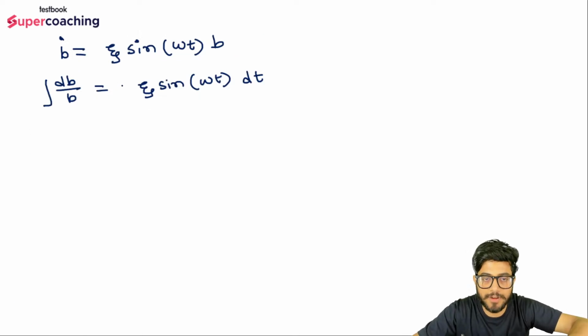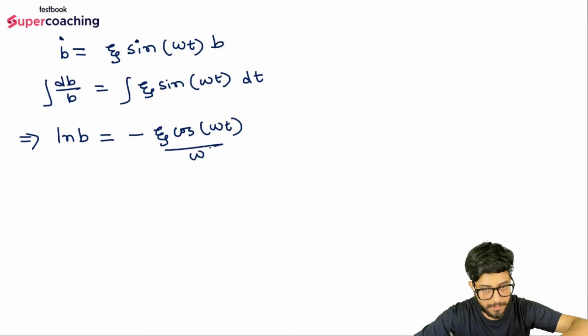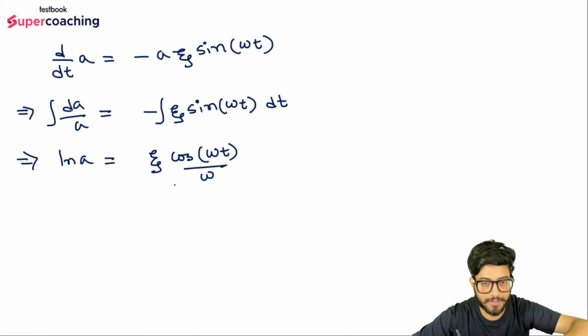If I do the integration, I'm going to get ln of B, which is actually equal to minus zeta cos omega t divided by omega. So here also I have got minus, here also I have got minus.